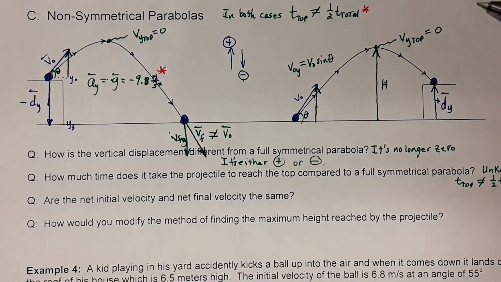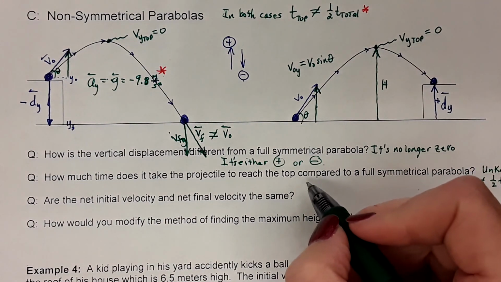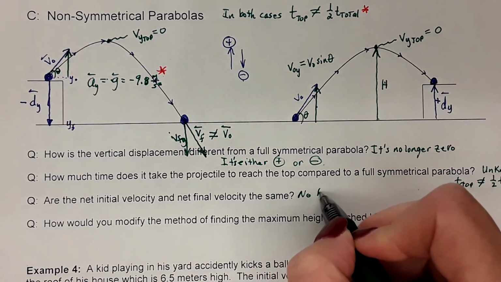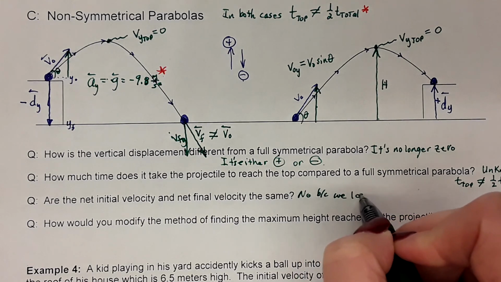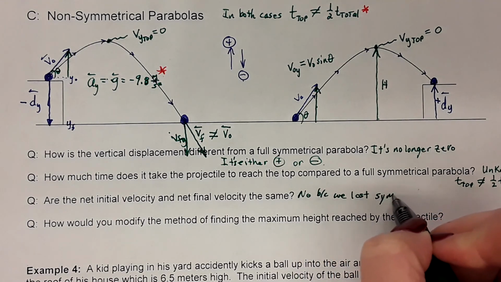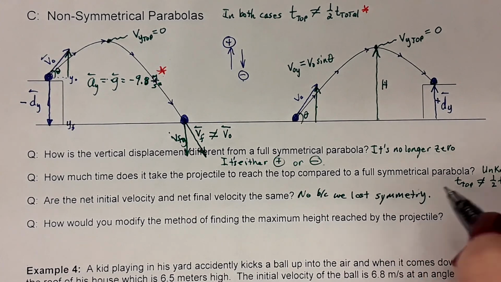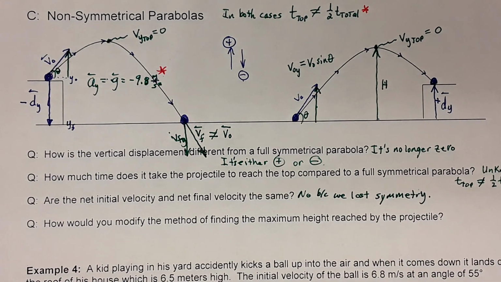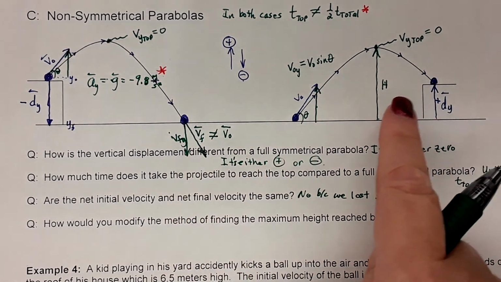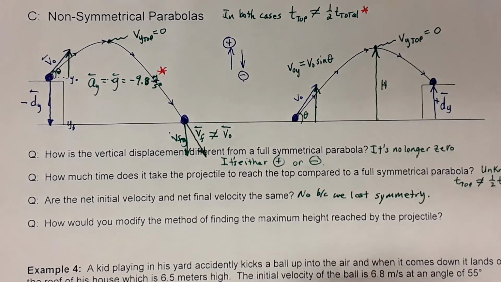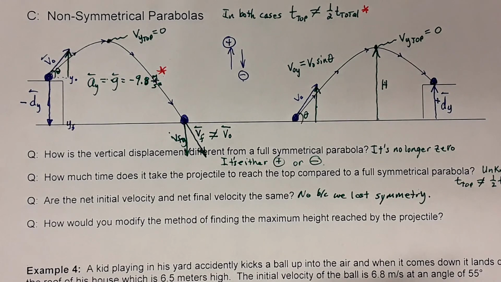Are the net initial velocity and net final velocity the same? No, because we lost symmetry. So they're no longer the same. Now the horizontal components will still be the same, but the vertical components will be very different. How would you modify the method of finding the maximum height reached by the projectile?